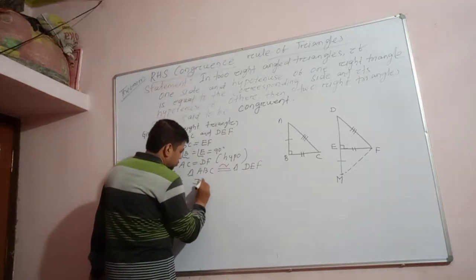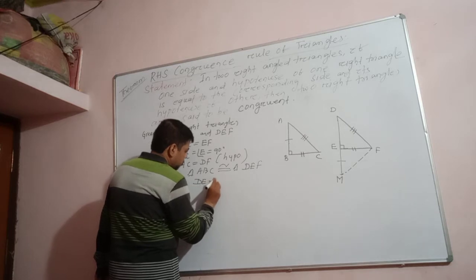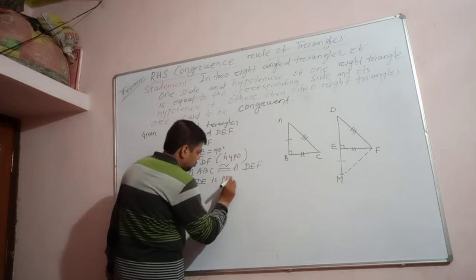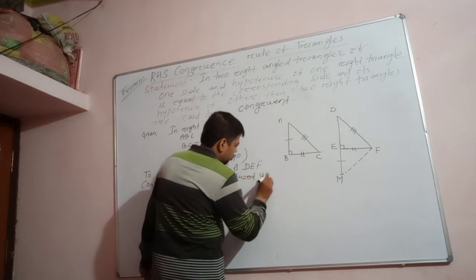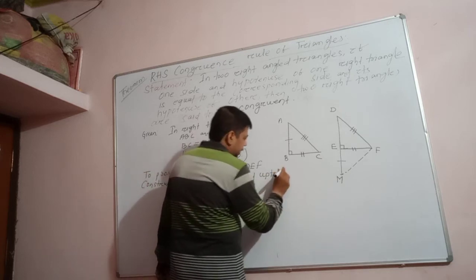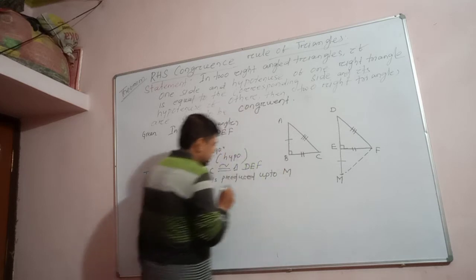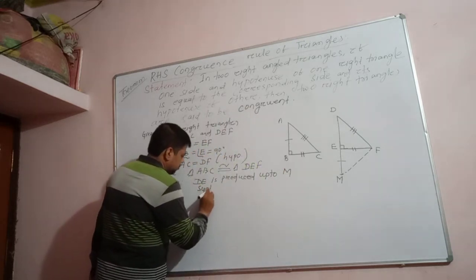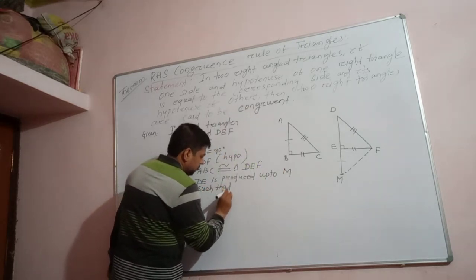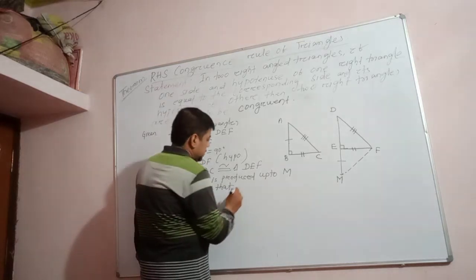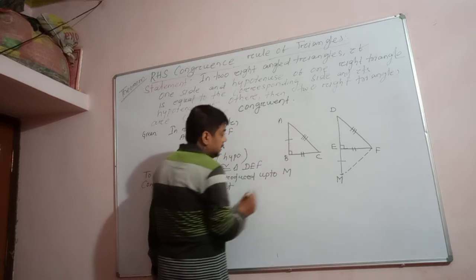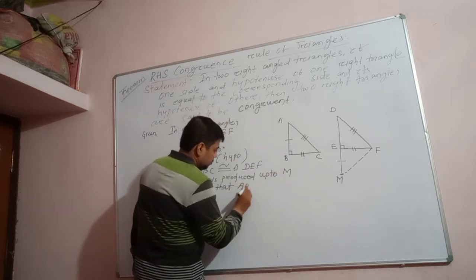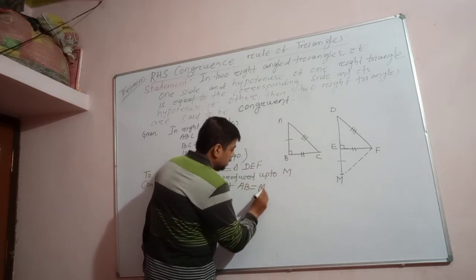DE is produced up to the point M, such that AB is equal to ME.